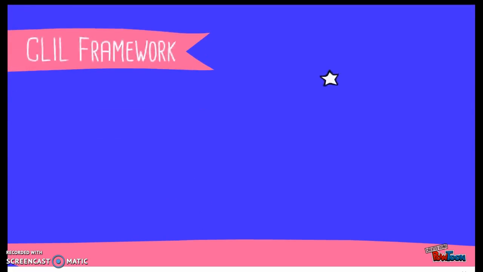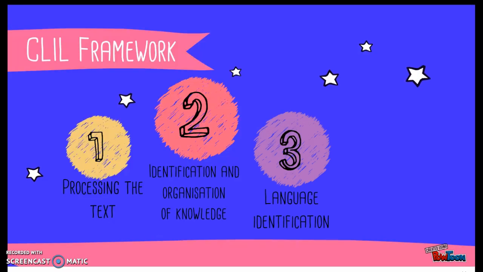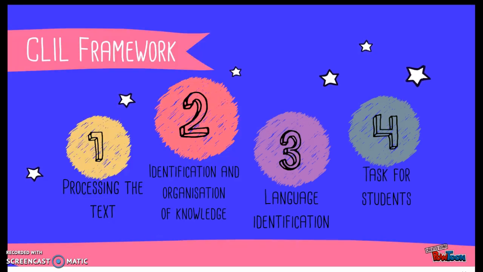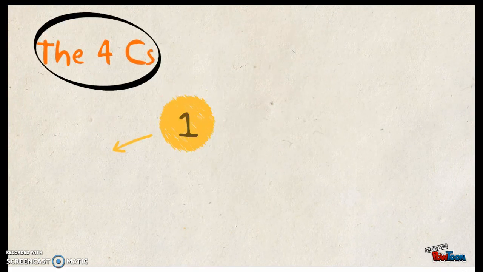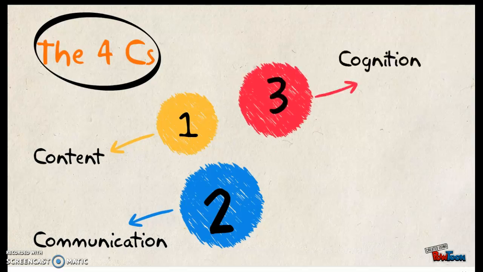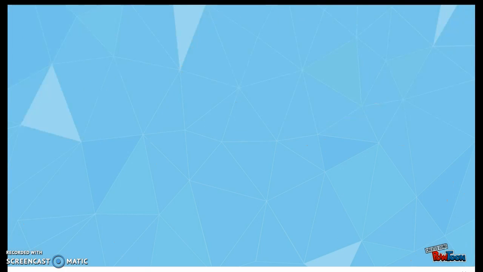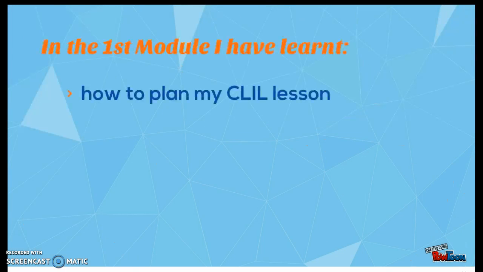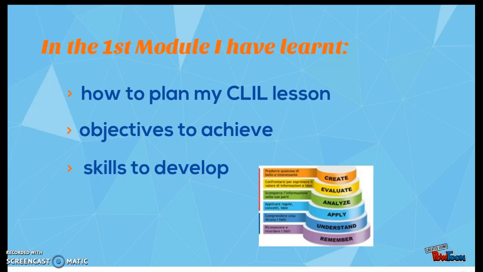For example, the CLIL framework, processing the text, identification and organization of knowledge, language identification, tasks for students. I understood the 4 C's: content, communication, cognition, and culture. So in the first module, I learned how to plan my CLIL lesson, objectives to achieve, skills to develop.